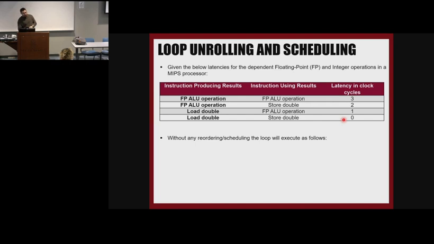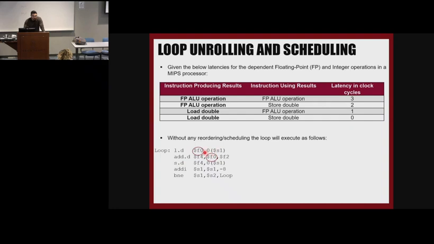Now, if we don't have any reordering or scheduling, the loop is going to look like this. If I do the conversion, in the first instruction, I have the first dependency. This is load F0, and then I want to use F0 for this add instruction.